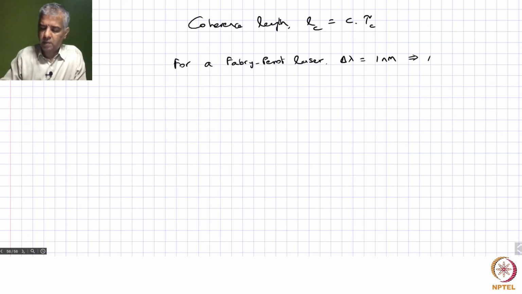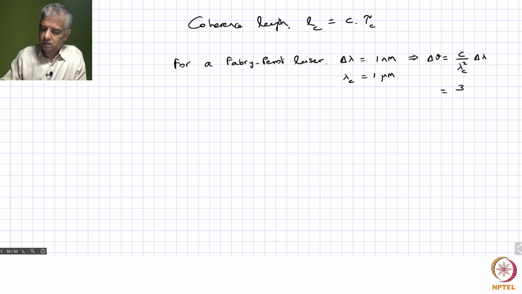Delta nu equals C over lambda square times delta lambda. So this is lambda c, let us say the center wavelength is 1 micron.